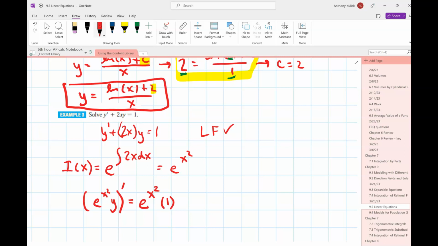Oops, need the prime mark. At that point, we're ready to integrate.